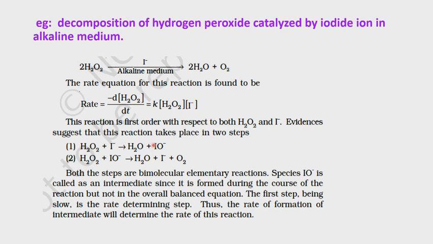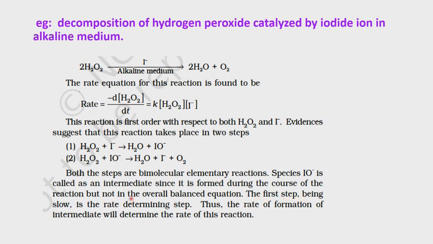So IO minus is generated here and this IO minus is again involved in step 2. But check the overall reaction. Have you seen any IO minus in the overall reaction? No. So not in the overall balanced equation.